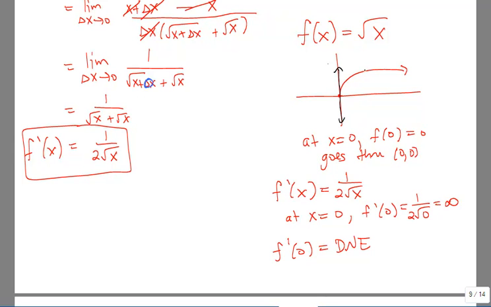So as we travel down this graph towards the origin, those little tangent lines are getting more and more upright, more and more vertical. So what we would be on the lookout for on the original function is something with a vertical tangent line, and that would indicate to us that there's not going to be a derivative where that vertical tangent line wants to occur.